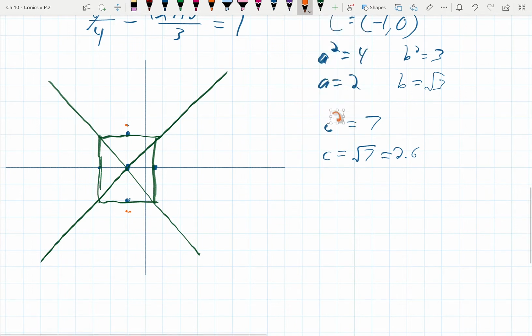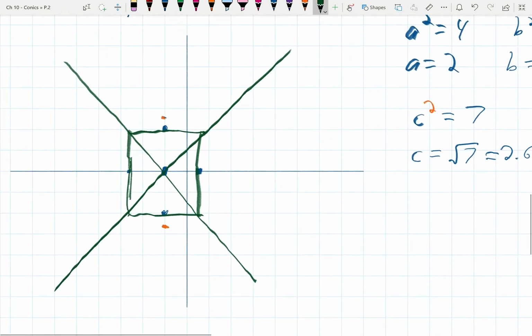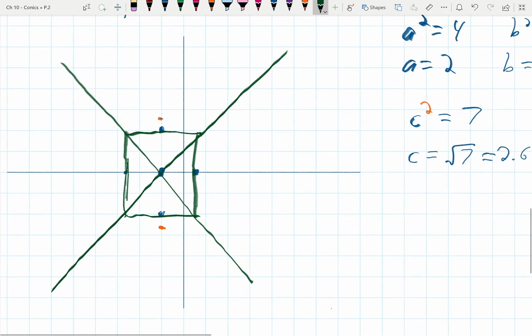Please be extremely, extremely careful to put your pencil on the vertex, not on the focus. The focus has never been a point that's actually on the graph of any of these. And I'm just going to put that there and draw out to hyperbolas are very wide.